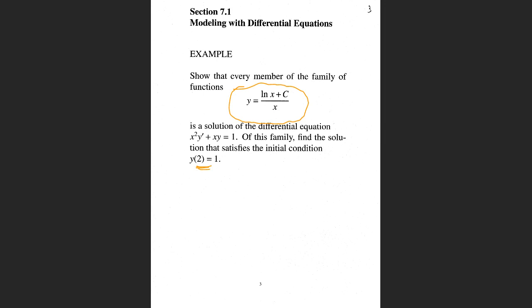What this initial condition means here is that when x equals 2, y equals 1. But this is now a separate question from the first question. First question is show that every member of this family of functions is a solution to the differential equation. How would I show that?